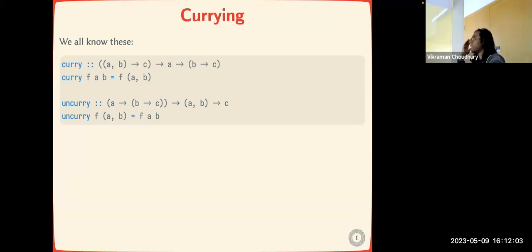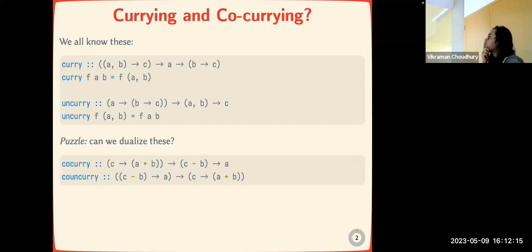Currying and uncurrying is the basis of all functional programming that we do when we take free variables and write functions, or when we produce higher order functions and pass them around. Now, I want to pose this puzzle: suppose I give you a language like Haskell, and I ask you to dualize currying. Let's call it co-currying, and what should that look like?